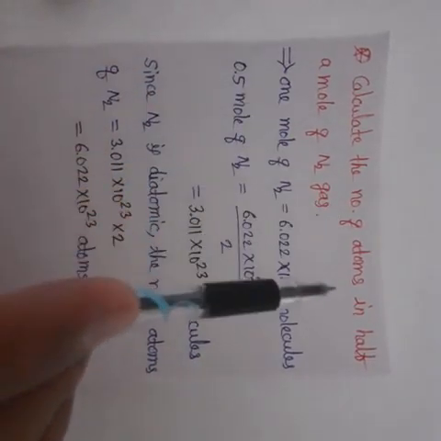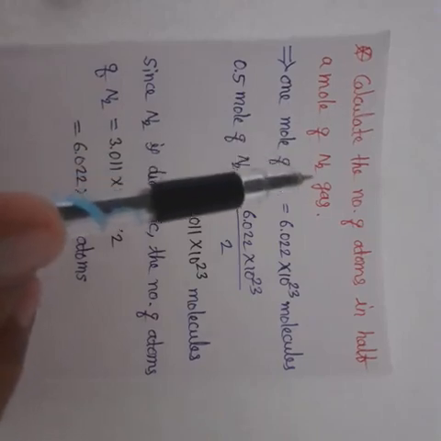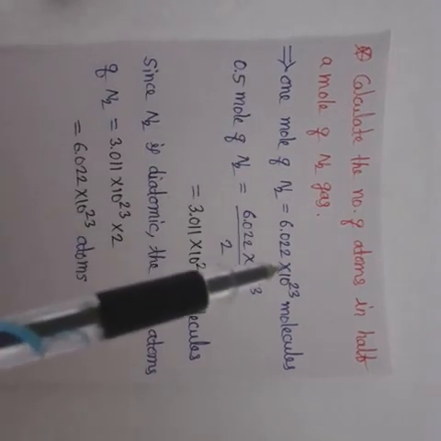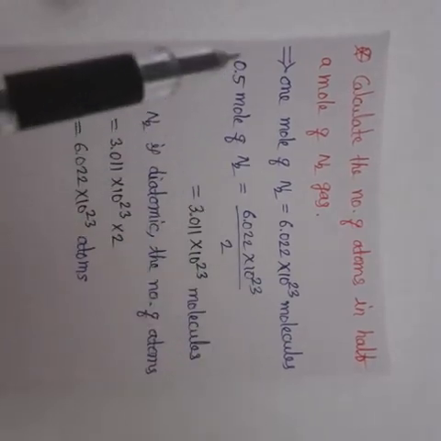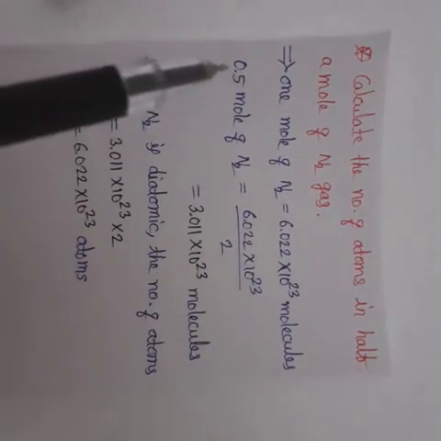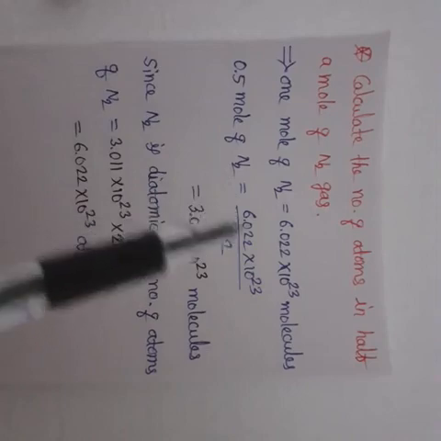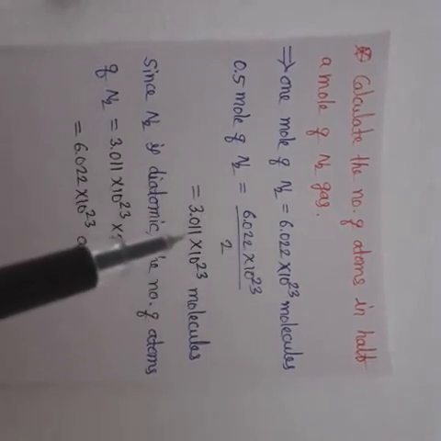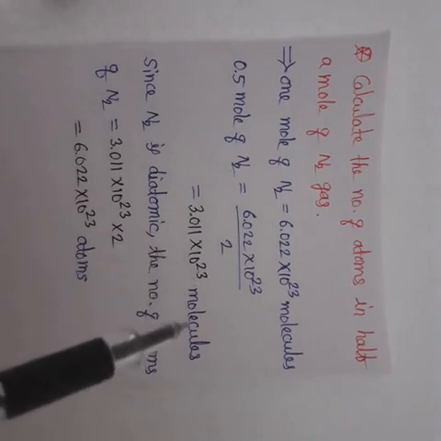Calculate the number of atoms in half a mole of N2 gas. Here 1 mole of N2 gas contains Avogadro number of molecules. So half, that is 0.5 mole of N2 gas, contains Avogadro number divided by 2, which gives 3.011 into 10 to the power 23 molecules.